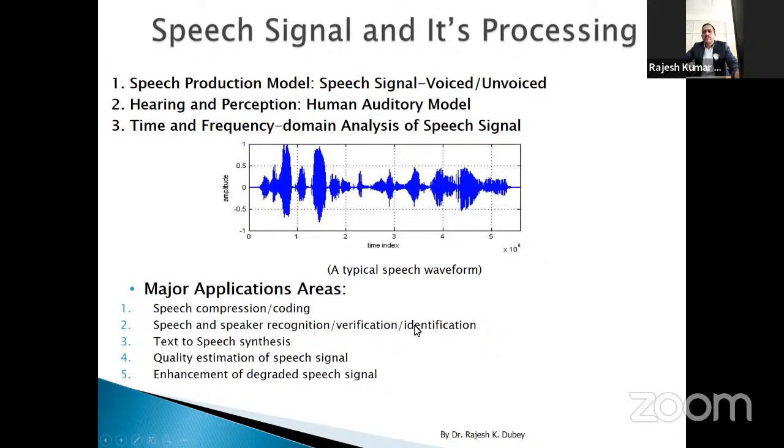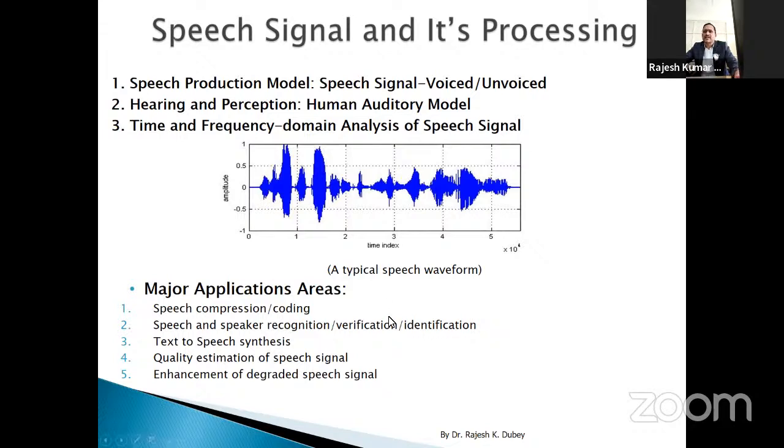Nowadays, we are using mobile phones, computers, laptops, and in one way or another, everywhere speech processing is going to happen. Whether it is video signal, speech signal, audio signal, music, or in television, sound is coming in the form of a signal, that is, an audio signal. So processing of audio signals in these electronic gadgets is almost everywhere needed and going to happen.